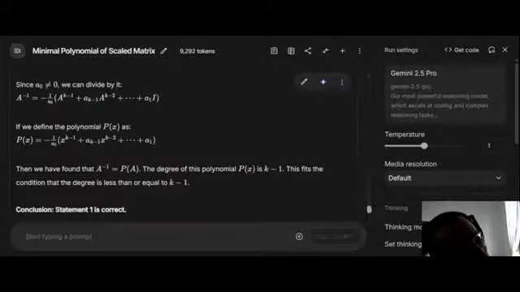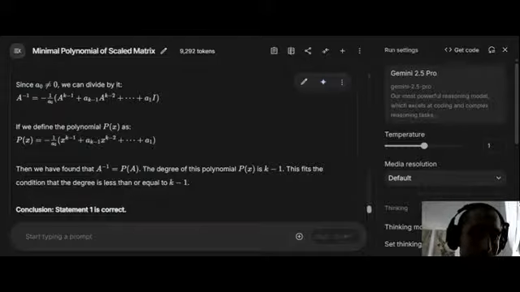So I can use the minimal polynomial, in the case it's invertible, to find the inverse matrix. Quite nice.